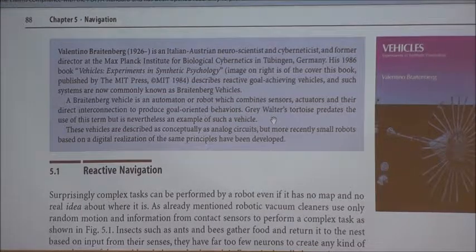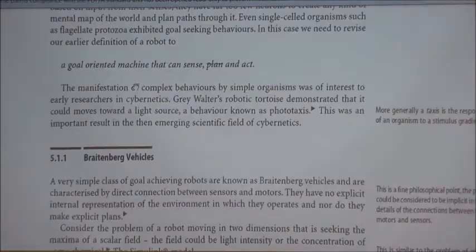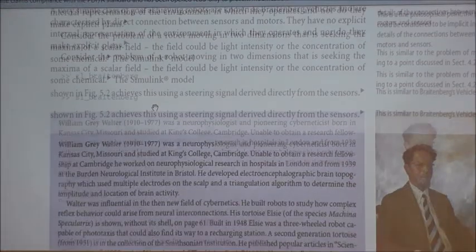So independently, Grey Walter actually came up with the same kind of vehicle which several years later Braitenberg came up with. In fact, if you see down below, here is Dr. William Grey Walter, who was born in Kansas City, and that was the span of his time.